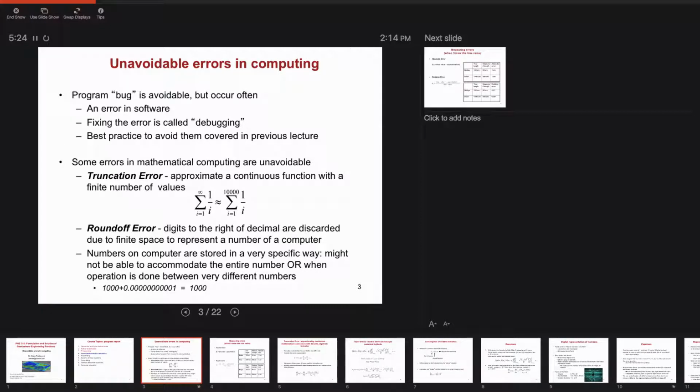If I have numbers that are very far apart in magnitude, okay, I will have to basically chop the second part off. So this one I might be able to store accurately. This one I might be able to store accurately, but when I try to add them together, I can't fit the result into the memory.